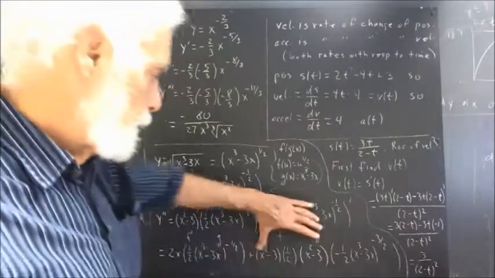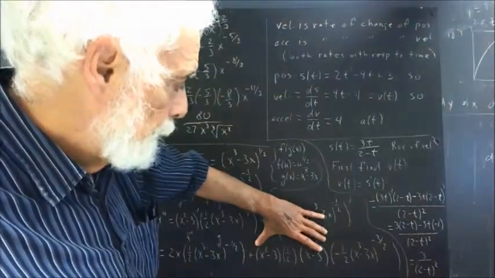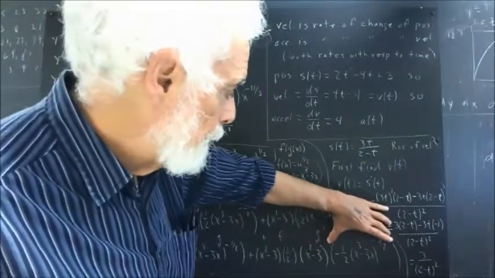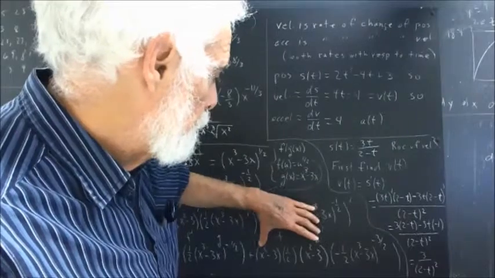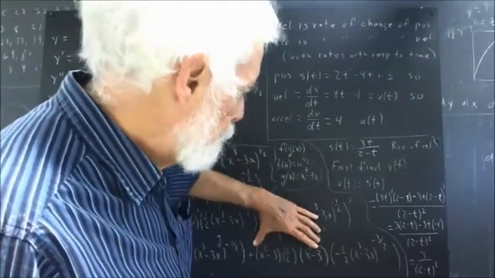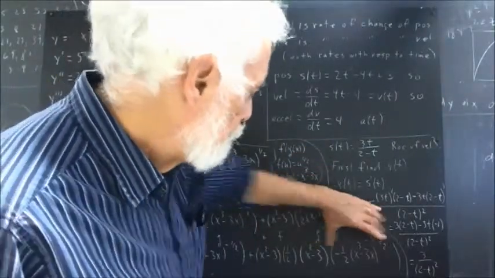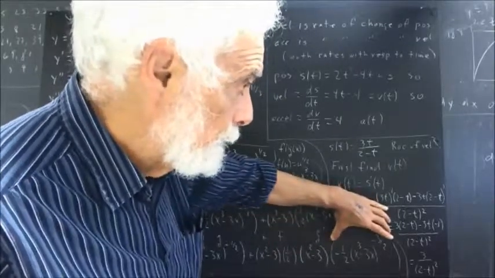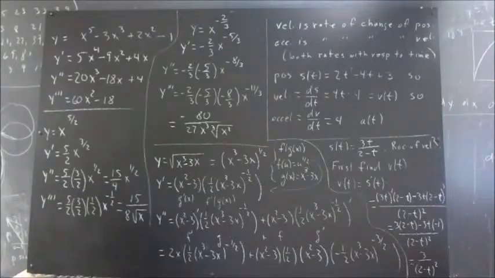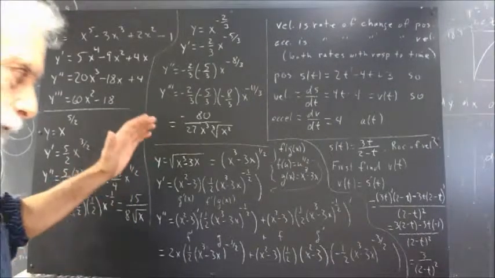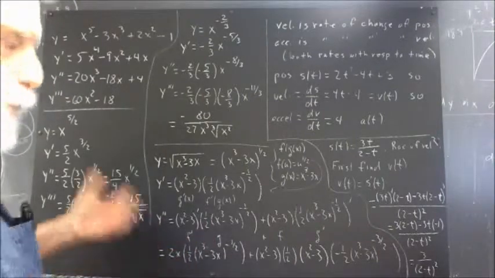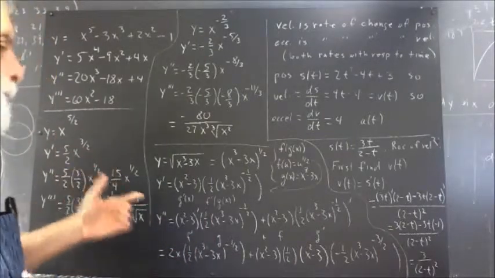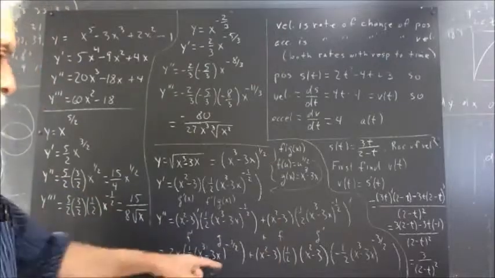And then over here we're going to have the derivative of all this times this plus this times the derivative of this. And you can see where this is going. Now we're not going to go any further. At this point, you need a little more experience in taking derivatives before you would find it profitable to go on to another derivative of this function.